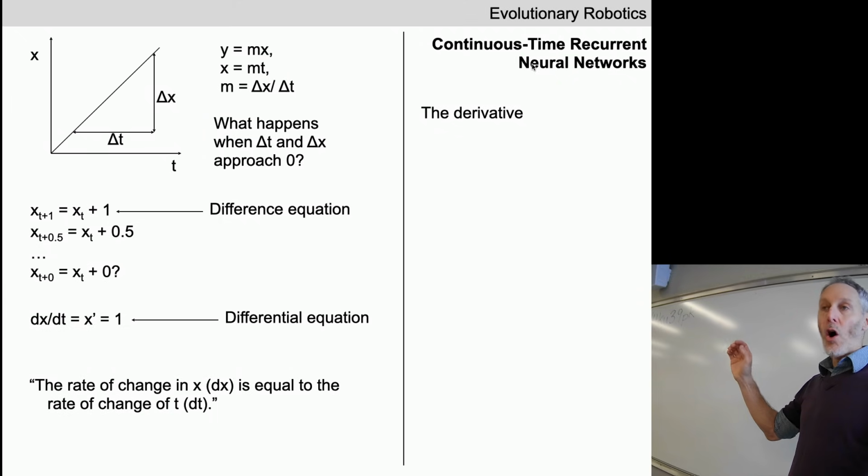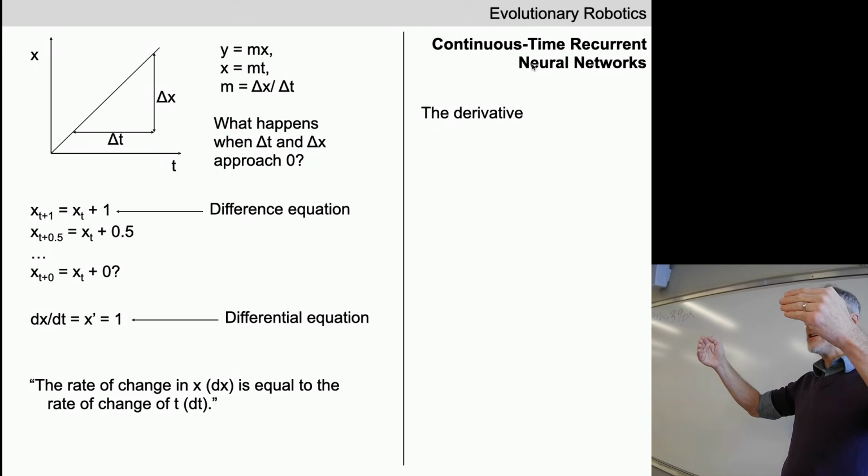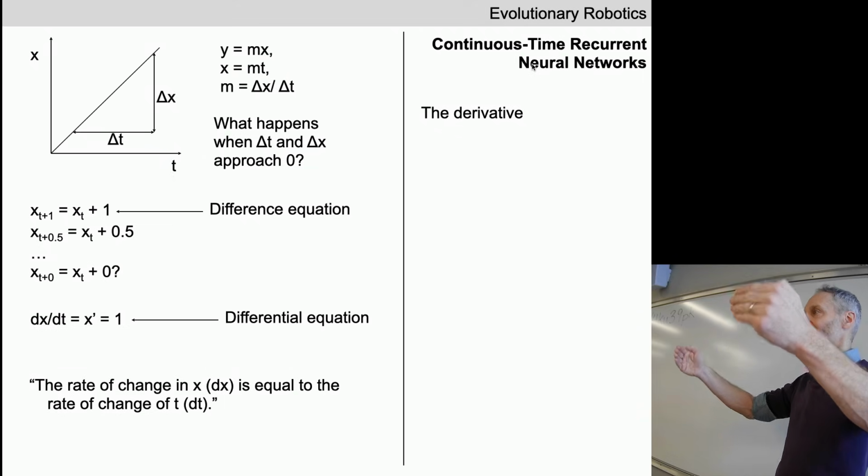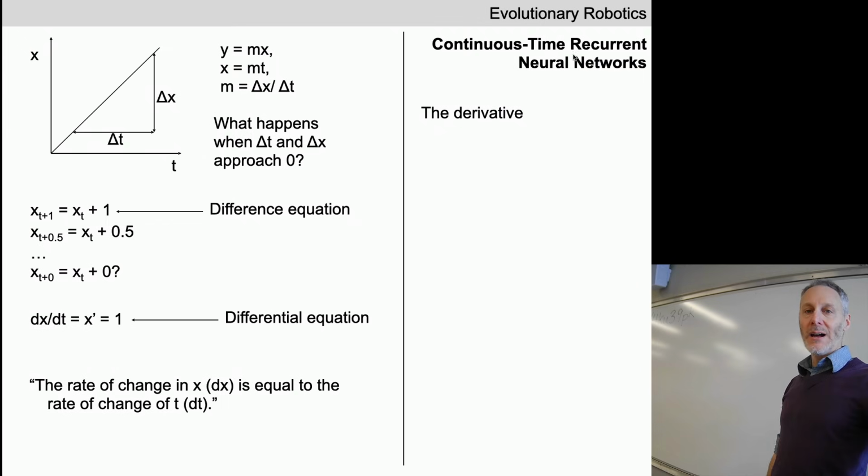So in most neural networks that you're familiar with, the values in those neurons change discretely from time step to time step. We're going to look at neurons inside CTRNNs that vary their values continuously over time. That has an advantage when that neural network is trying to operate a robot, and we'll see that in a few minutes.